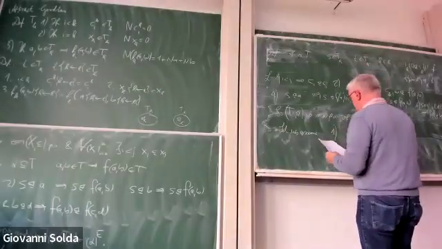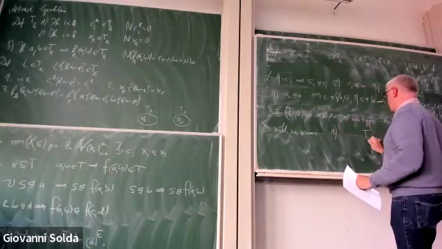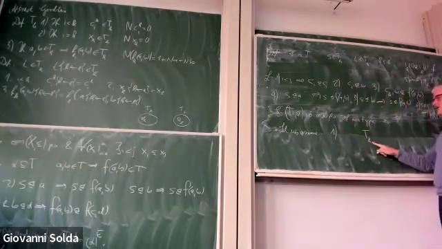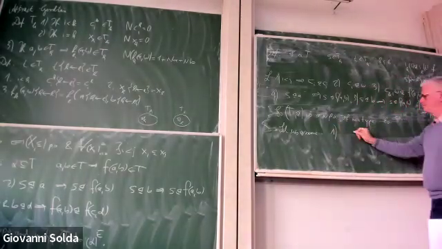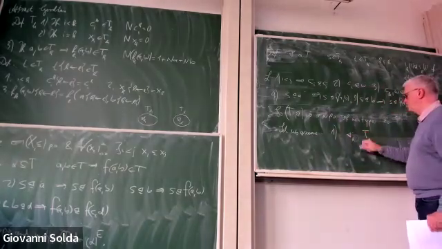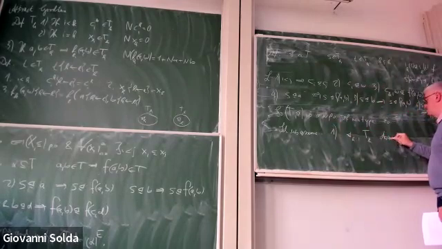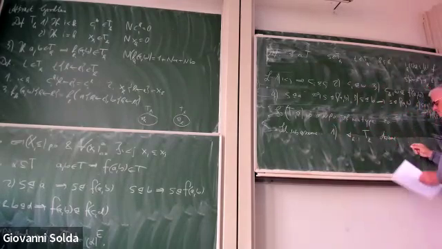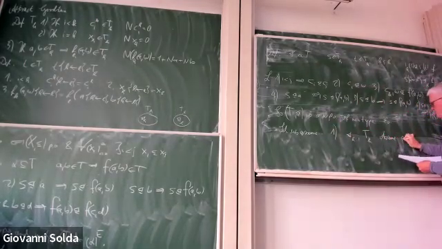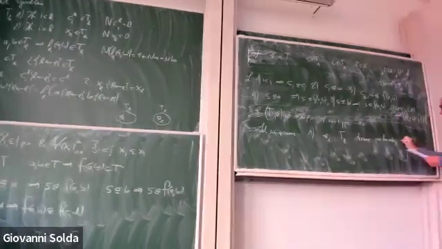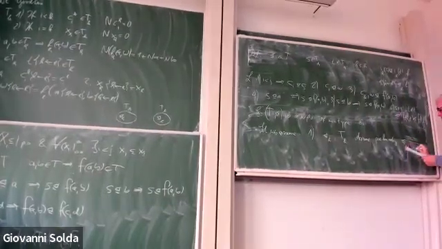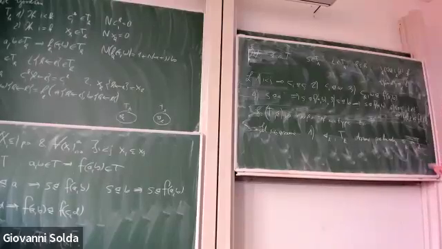The first one is I consider T_K, and on T_K I have this ordering, this one. So assume we have a linear ordering. So what does this mean?